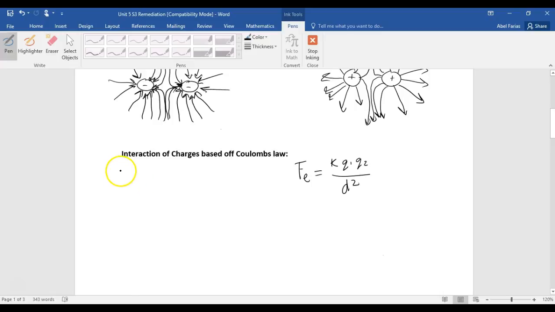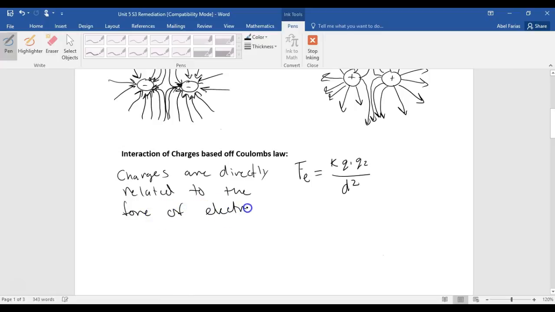Right? So if we write this in words, we can say that the charges are directly related to the force of electrostatics.